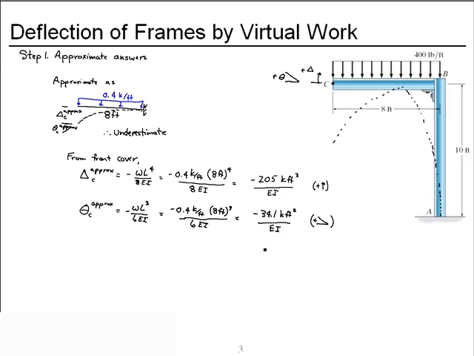Now we have our predictions, which we know are underestimates. Once we get done with our more lengthy calculations using virtual work, we'll come back and compare them. If they don't match favorably, we'll have to decide whether we've misunderstood something or if we've made a mistake.